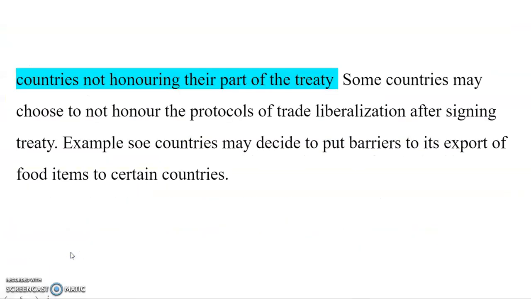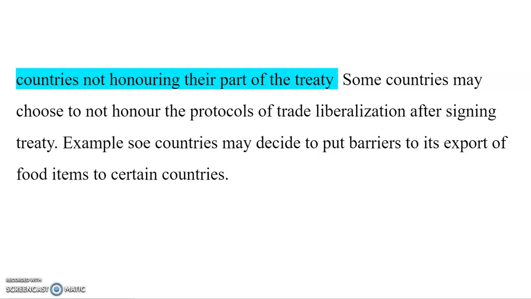Another problem that countries may face when trading with each other is countries not honoring their part of the treaty. So some countries may choose to not honor the protocols of trade liberalization after signing the treaty. An example of countries not honoring their part of the treaty is, in 1996, Trinidad and Tobago accused Jamaica of putting barriers to its exports of food and drink to Jamaica.